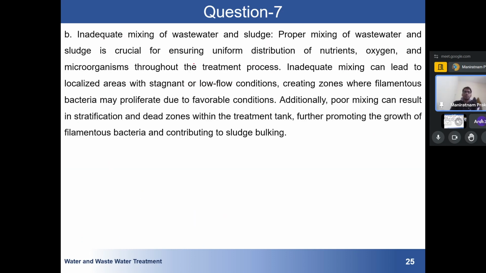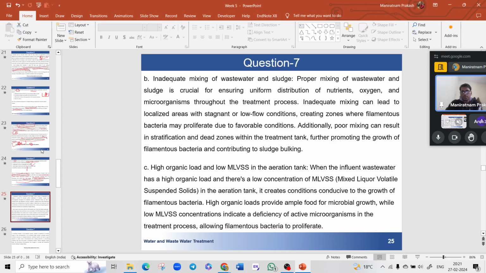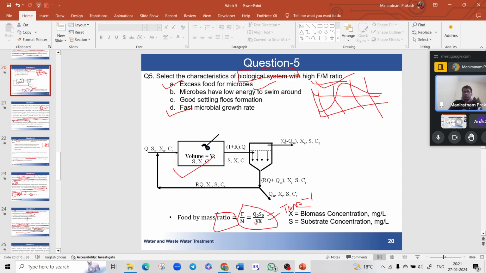Inadequate mixing of wastewater and sludge. So remember, if you have gone through the picture, just remember this picture. See, this is doing two things.